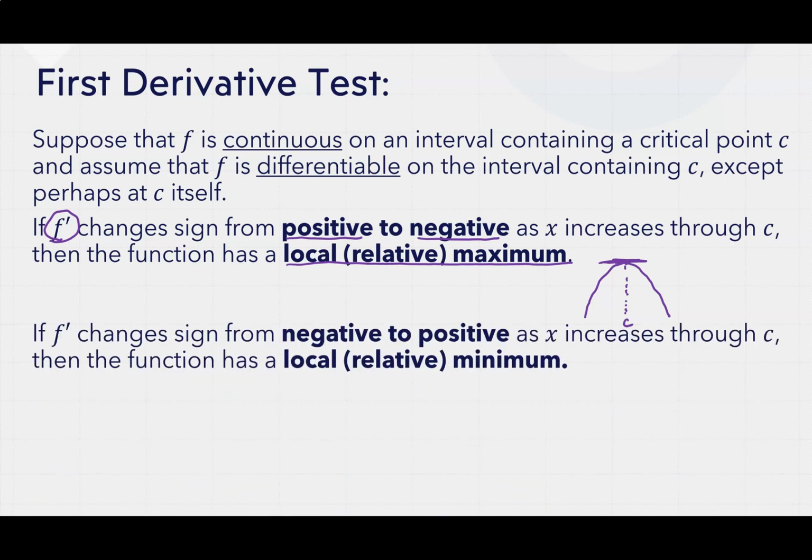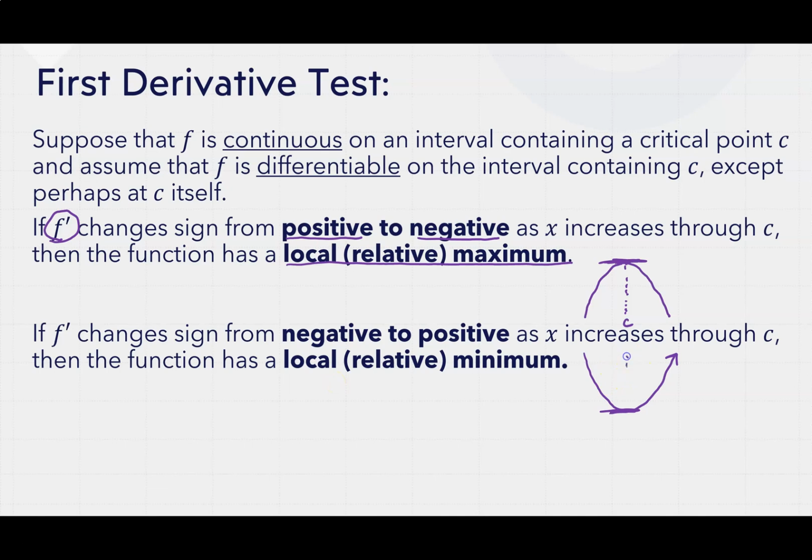And if you go the other way around, if your derivative is changing from negative, that means it's decreasing, and then it's increasing, then we would call this your local minimum.